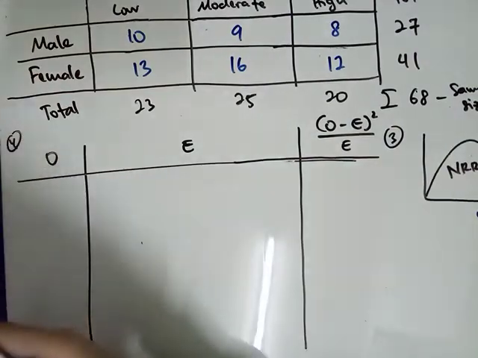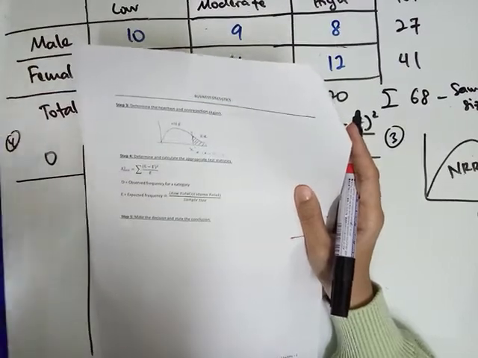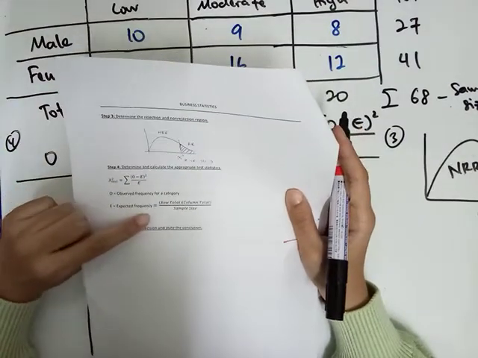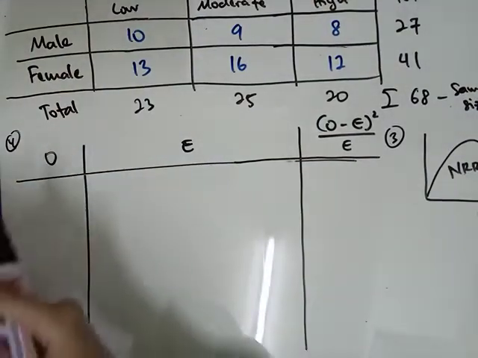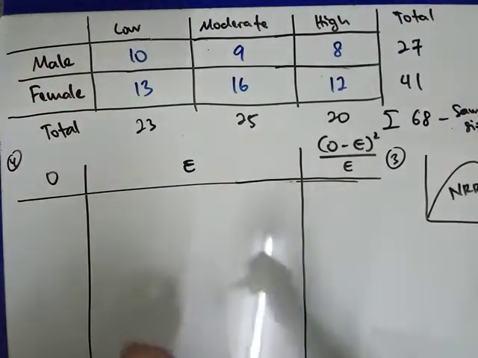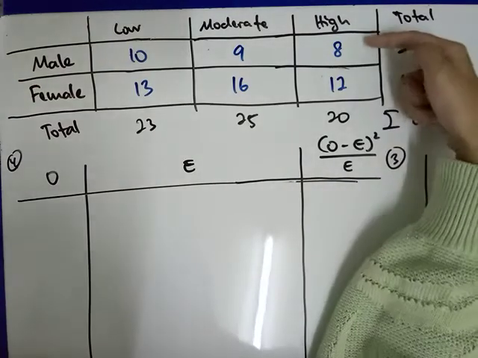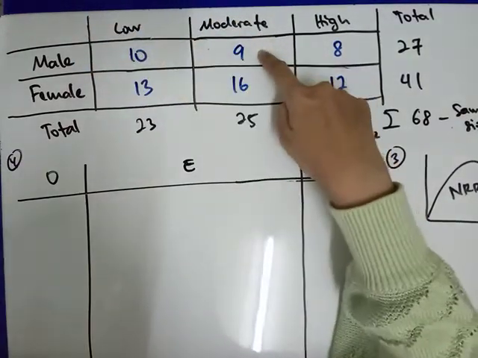Look at your notes, O is the observed frequency for a category, and E is the expected frequency. So for O, you need to follow the order starting from the first row, which is male: 10, 9, 8.